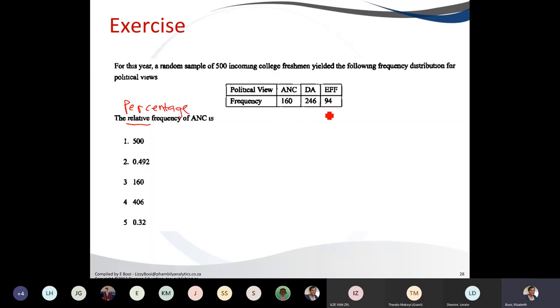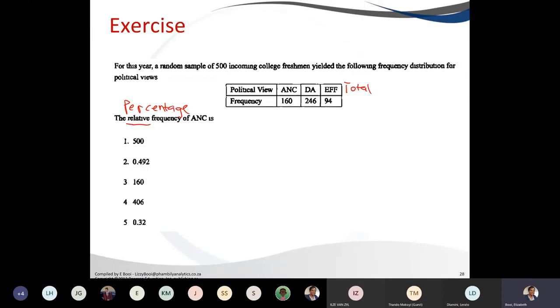Relative frequency, what they mean is the percentage. Therefore, you have to calculate the percentage of this table. To do that, you need to create a total column. In the exam, you will go as quickly as possible.